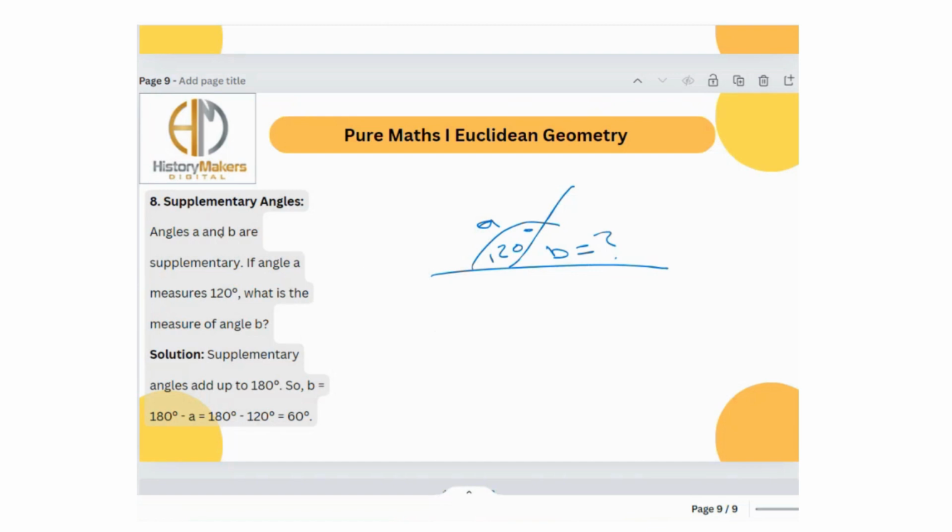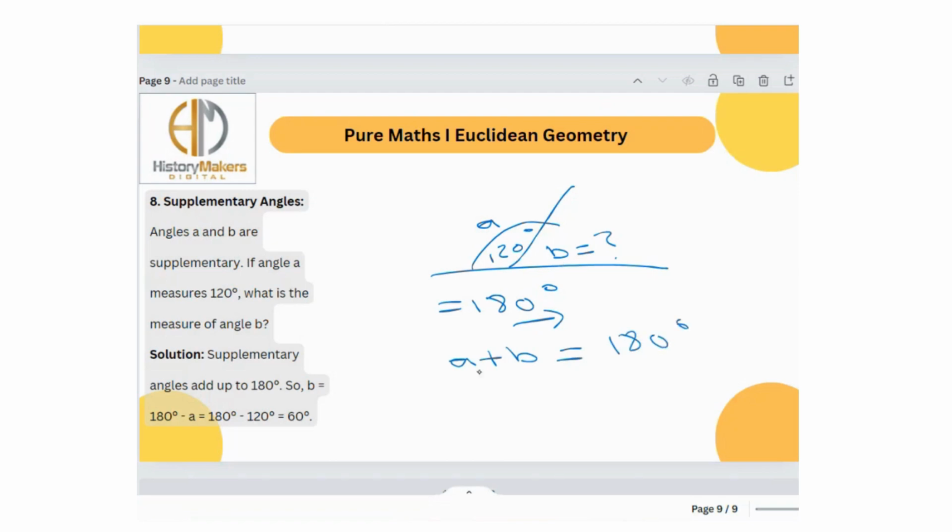Now we know that every time you see supplementary, it says angles that are supplementary always add up to 180. So if you equate that, it's going to be A plus B is equal to 180.